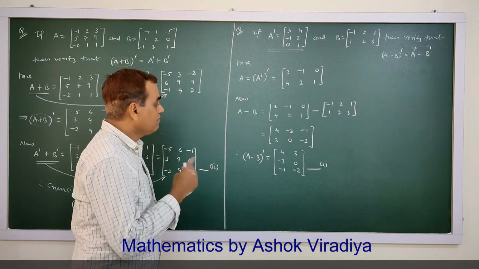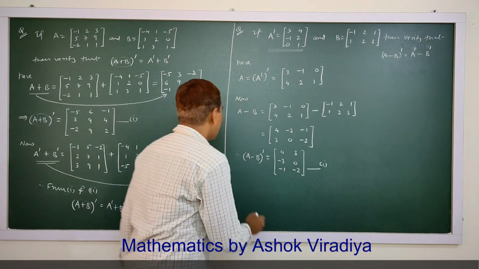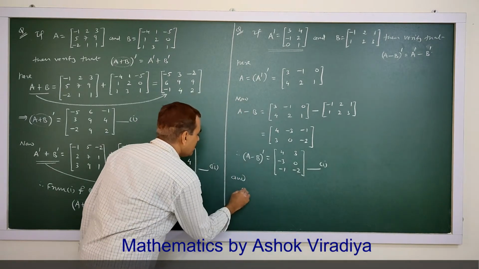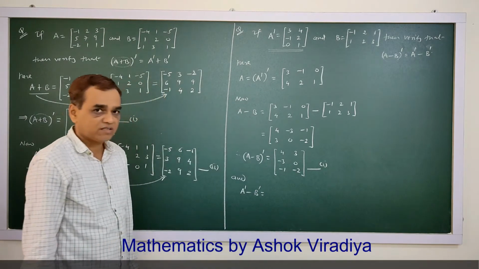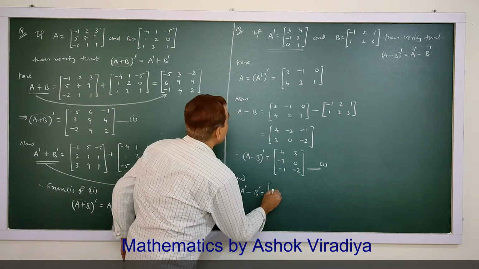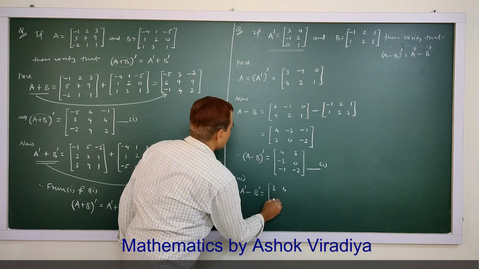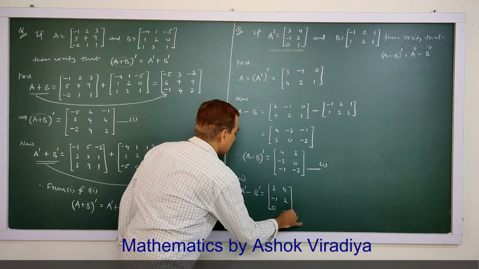Now we find A dash minus B dash, that is, transpose of A minus transpose of B. Transpose of A is given. It is 3, 4, minus 1, 2, 0, 1.